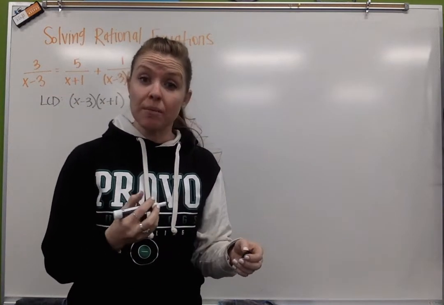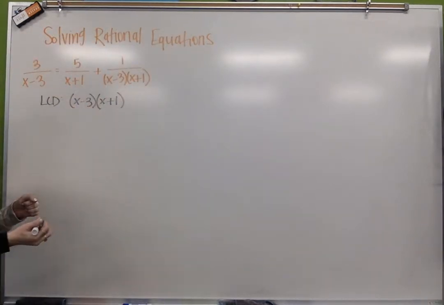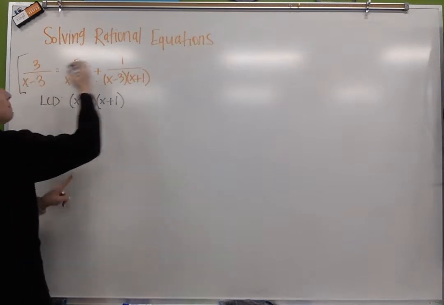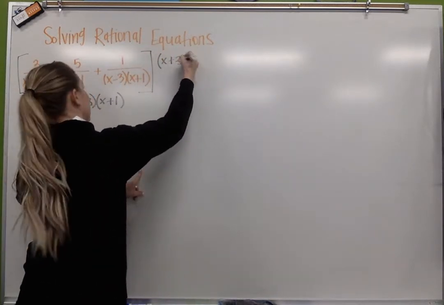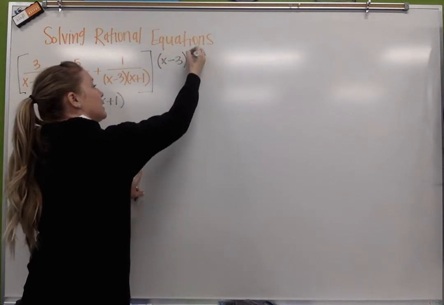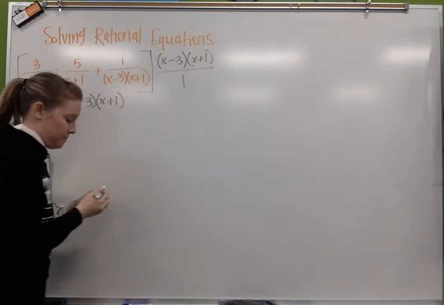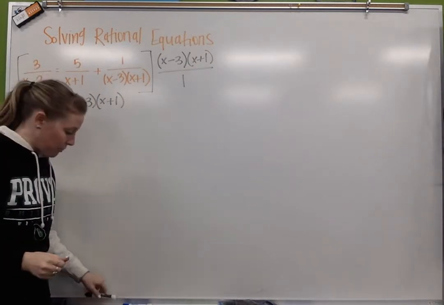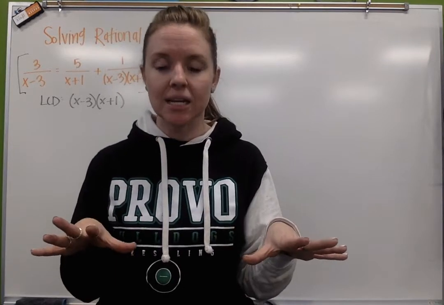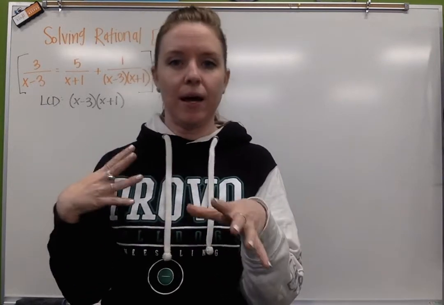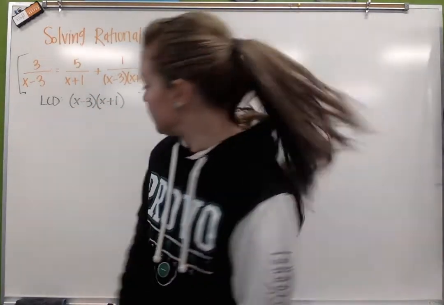So what I'm going to do is multiply all three fractions here by my lowest common denominator. So I'm going to multiply by x minus 3 times x plus 1 over 1. For this first example, I'm going to show this painful step by painful step, every little piece, and then we're going to see a little bit of corner cutting to make it an easier process.